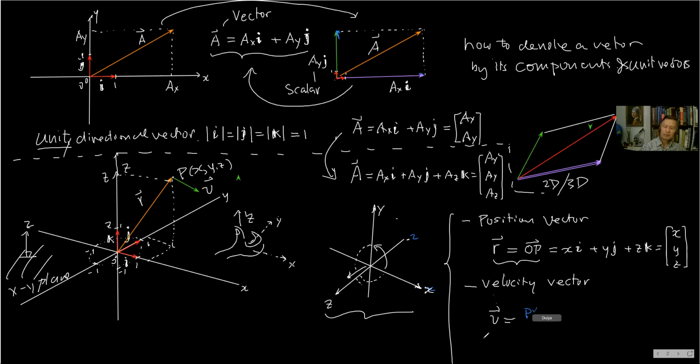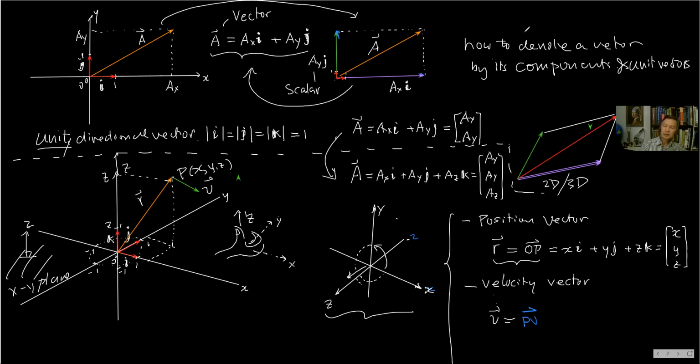Now, what is the relation between the velocity vector and the position vector? Probably I don't have to write this one, you will feel confused, because you use OP only for the position vector, not OV.